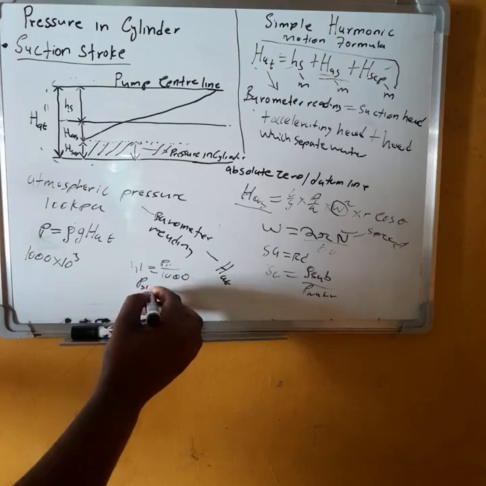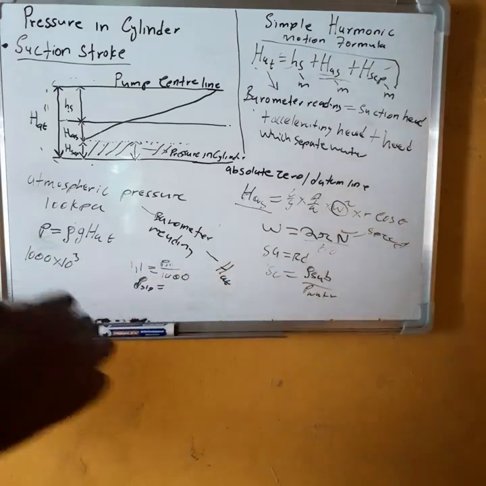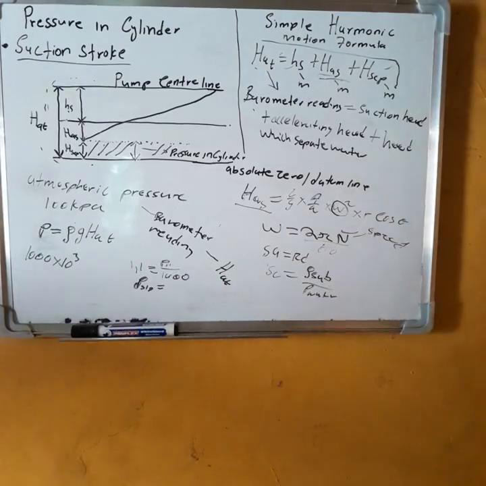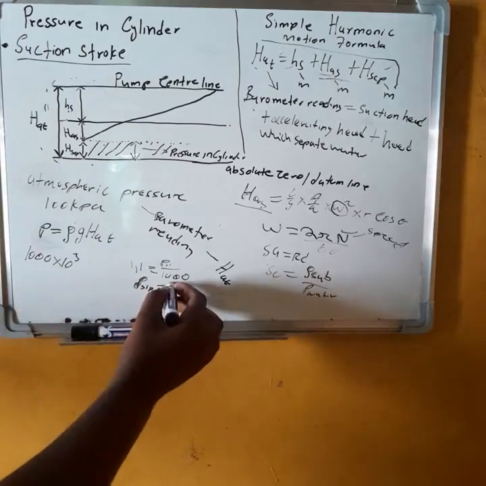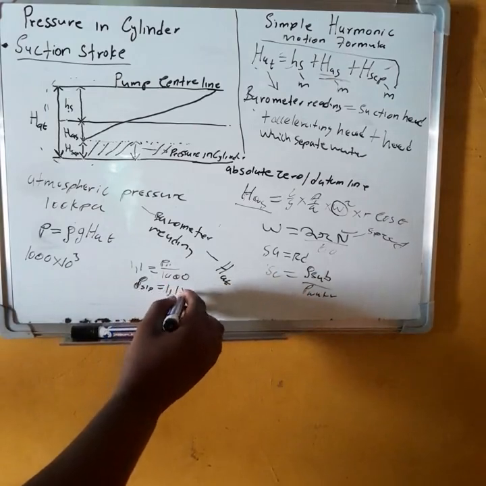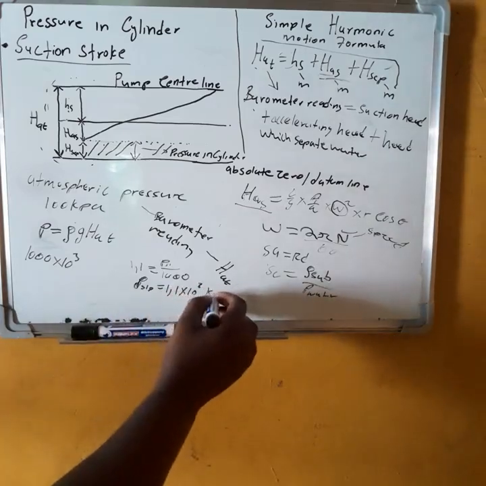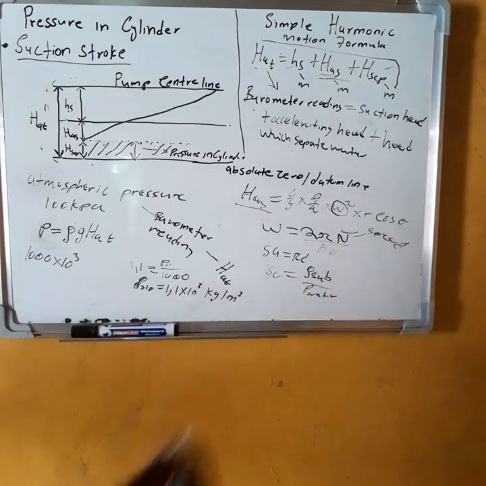Rho is the density, so you multiply 1.1 times 1000. In notation form, that is 1.1 times 10 to the power 3 kg per cubic meter. This is the density.